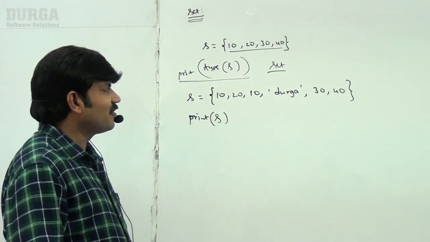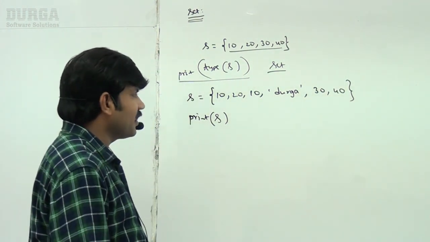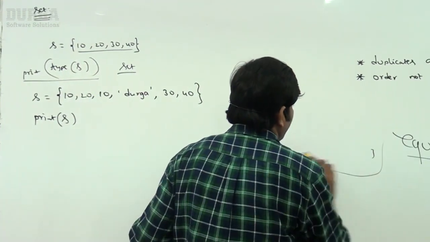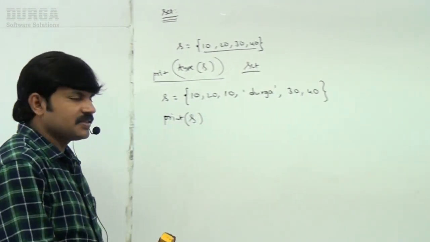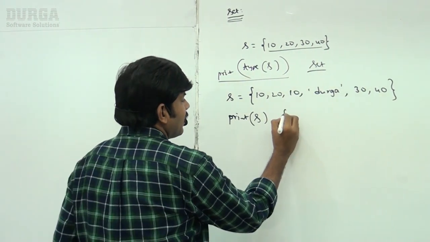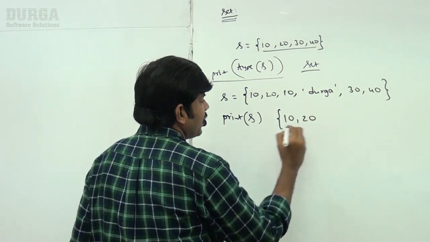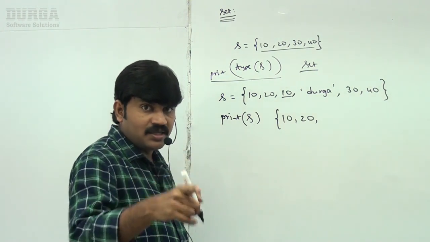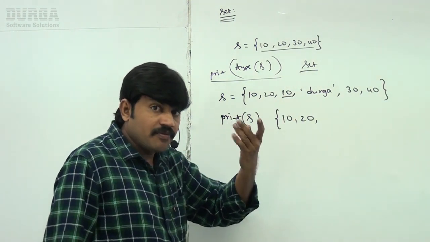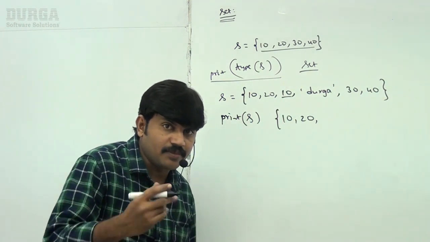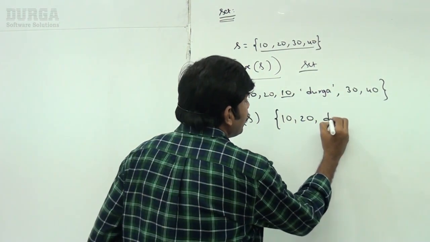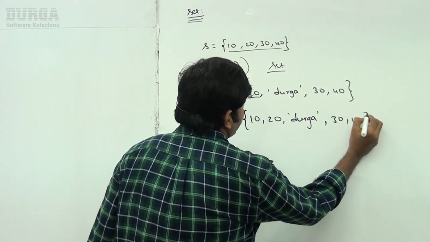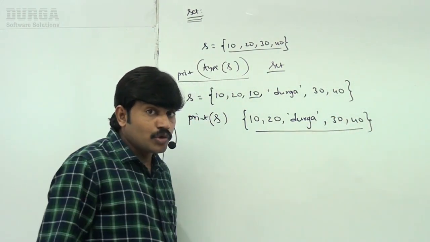Can you please confirm? Yes, very simple, sir: 10, 20. 10 is available 2 times, but in the set only once. The remaining duplicate element will be ignored. 10, 20, Durga, 30, 40. Only this. 10 two times won't be there.